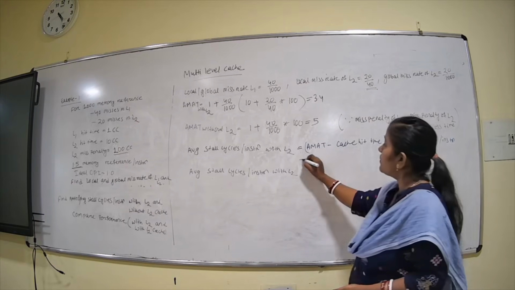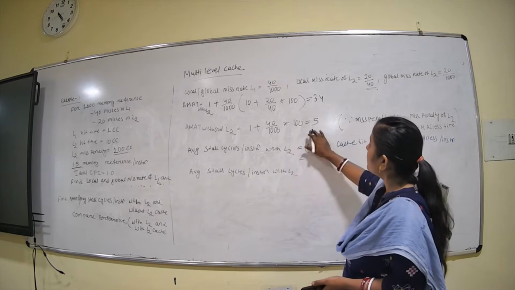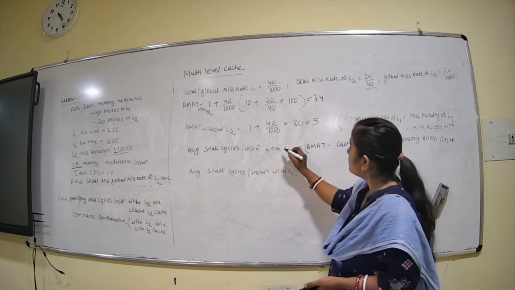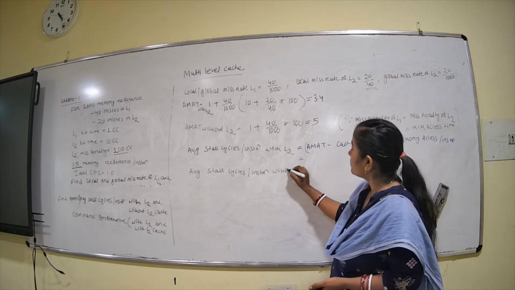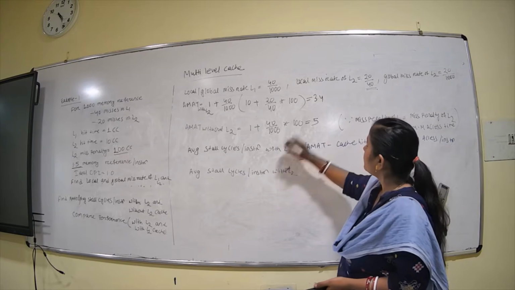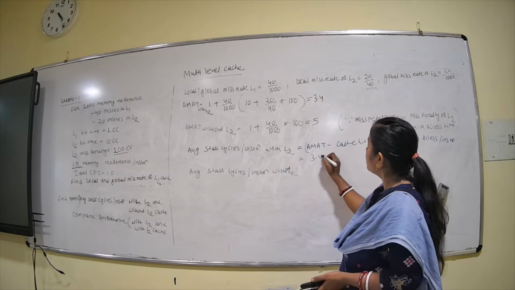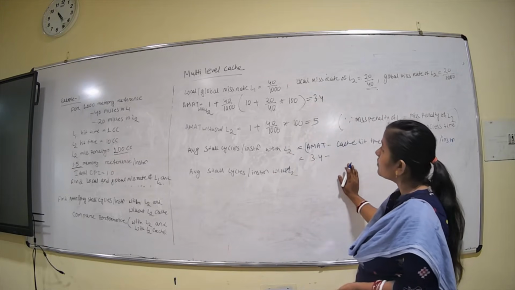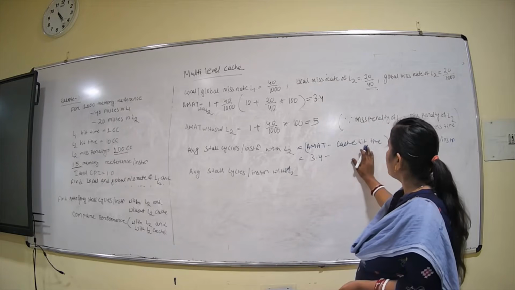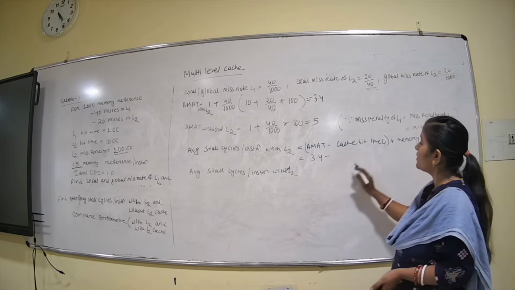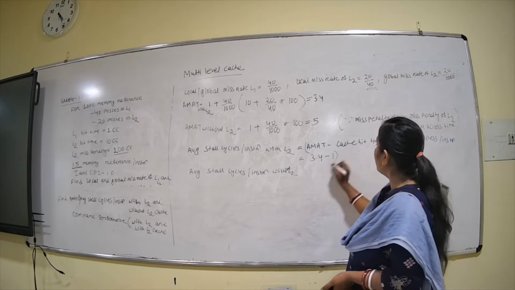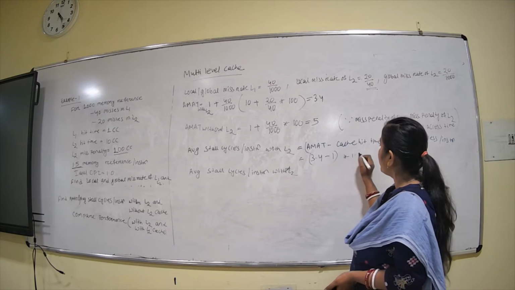So what is the average memory access time with L2? 3.4. So 3.4 minus cache time; cache time here means L1. Cache time of L1 is 1. Multiply with 1.5.